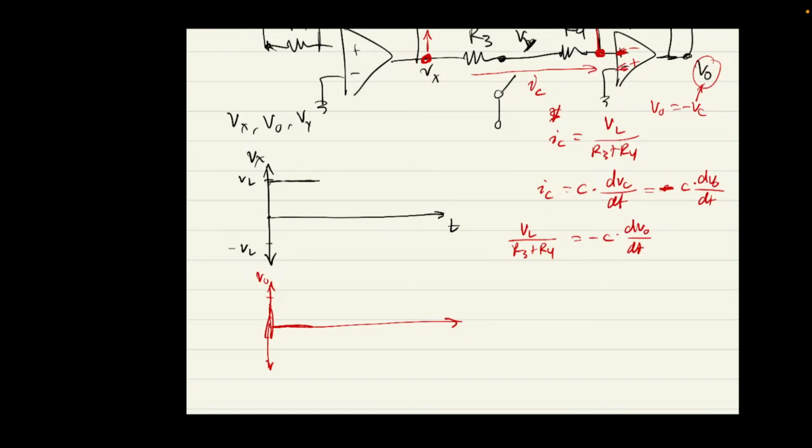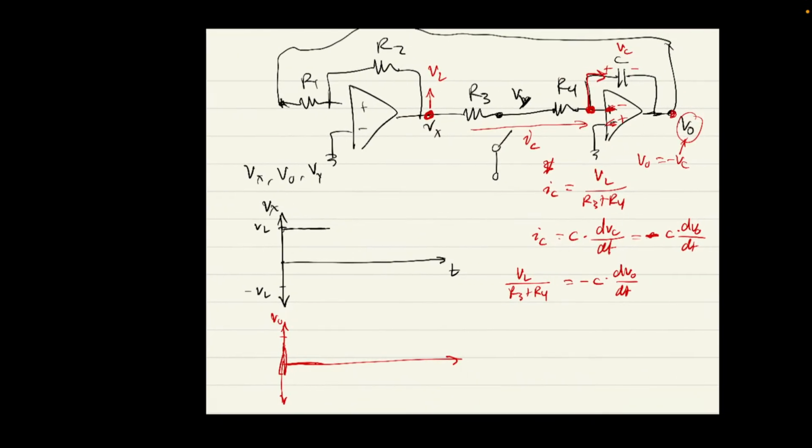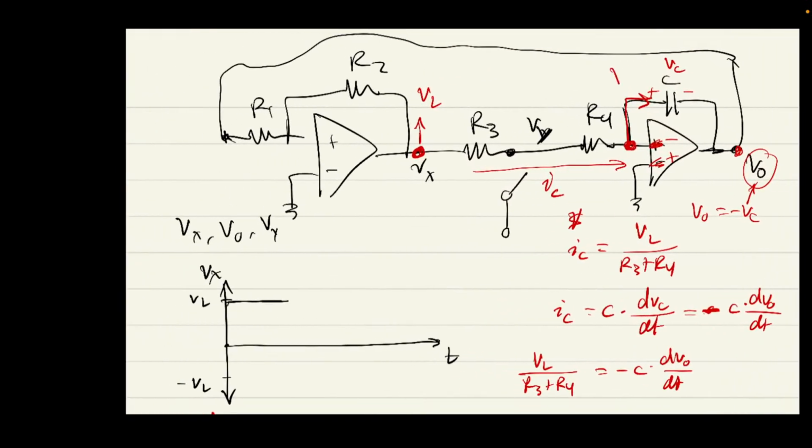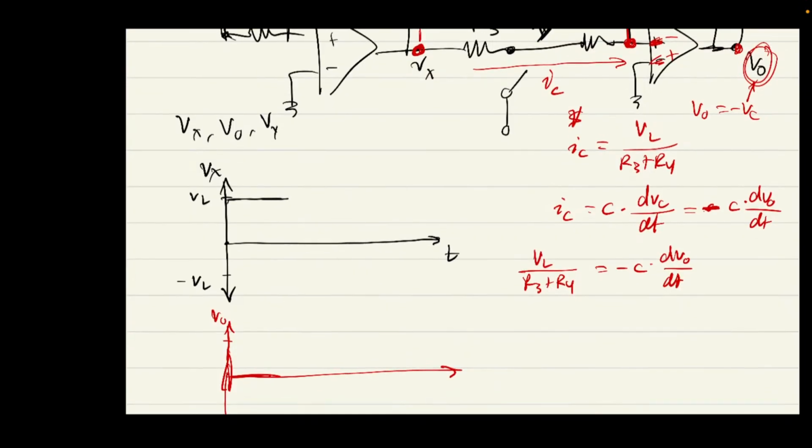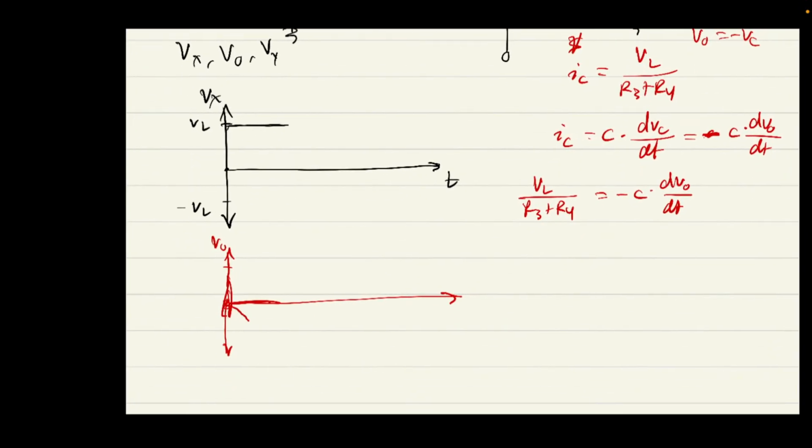So the voltage at VO is actually going to be decreasing as the capacitor is charged, right? We know that the voltage here is 0, and that the voltage across the capacitor is increasing. It's getting bigger. Therefore, VO is getting more negative. So we start here, and it goes lower and lower.